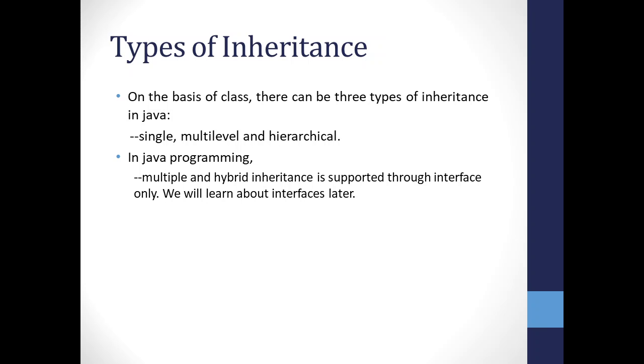We already have single, multi-level, hierarchical, multiple, and hybrid inheritance in C++. But Java won't support multiple inheritance with classes. Why we don't use multiple inheritance will be discussed later in this video.